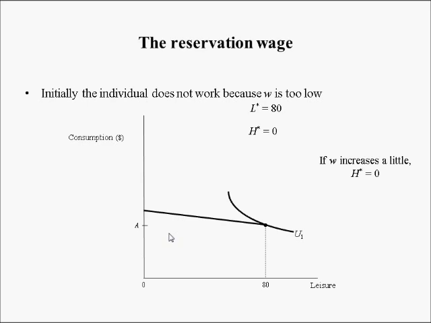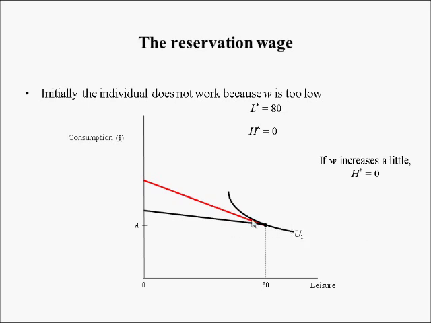So if W increases a little bit, say that amount, now if you look at this budget line here, this budget line is tangent to the indifference curve. This line here isn't tangent because if you extend it, it'll be out here. But if you extend this red line, it will not cross the indifference curve.